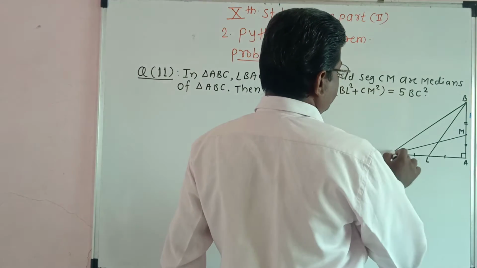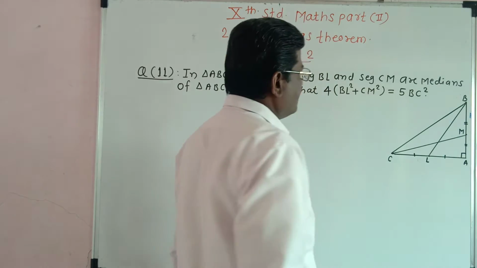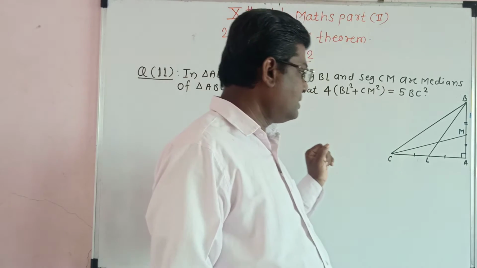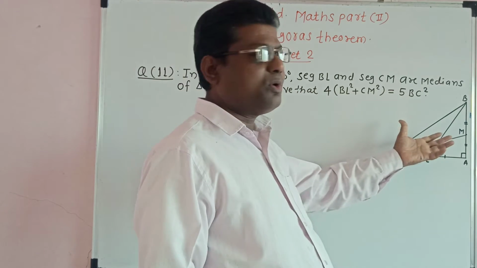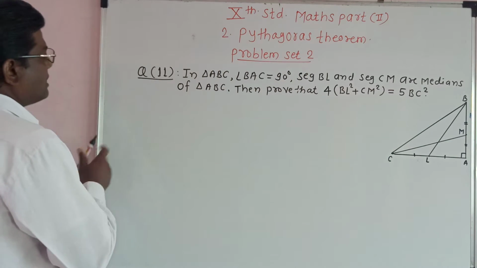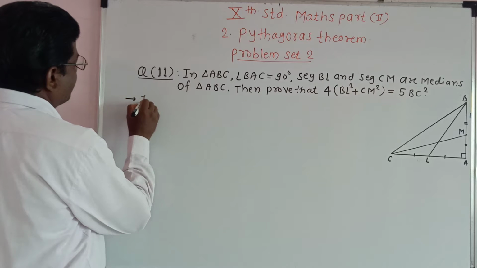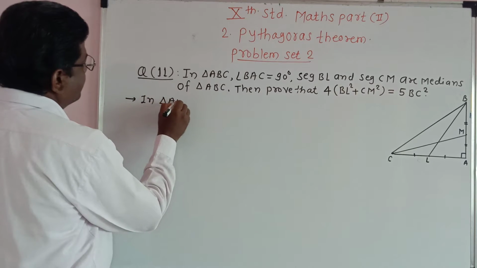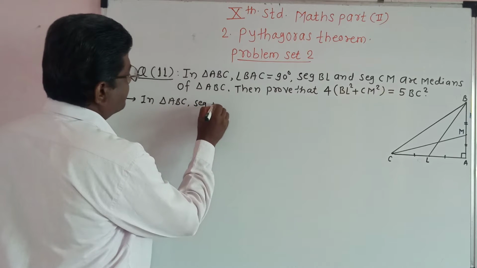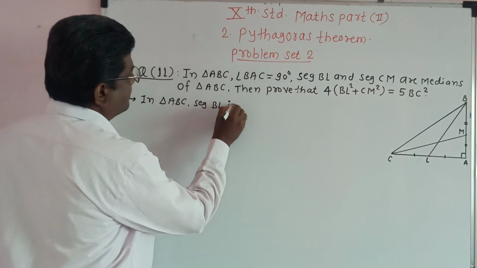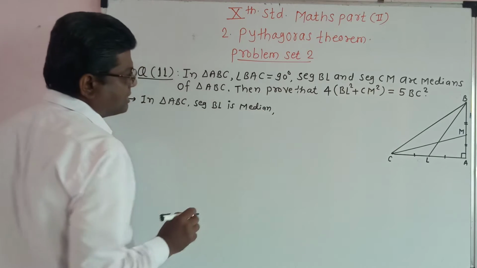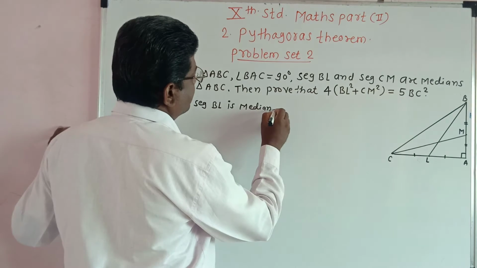In triangle ABC, BL is a median, then point L is the midpoint of side AC. Therefore we can apply Apollonius theorem for this triangle. So write, in triangle ABC, segment BL is median, it is given.